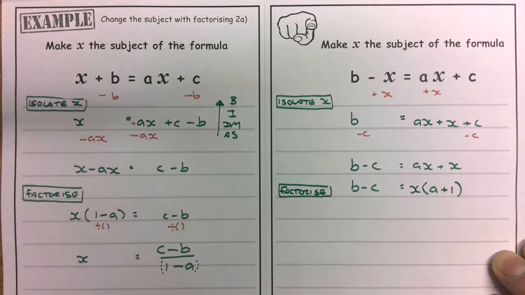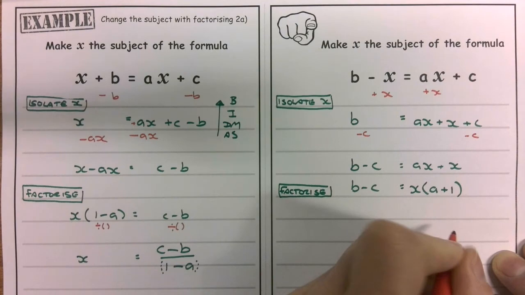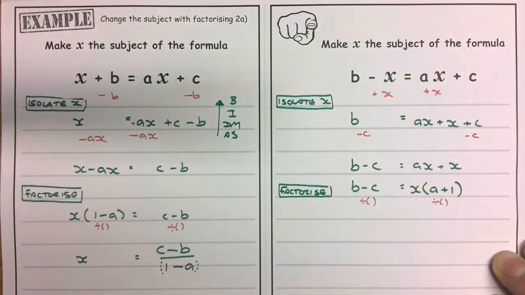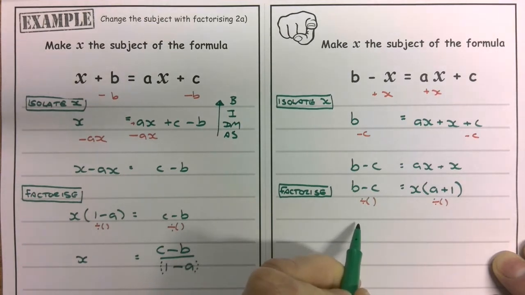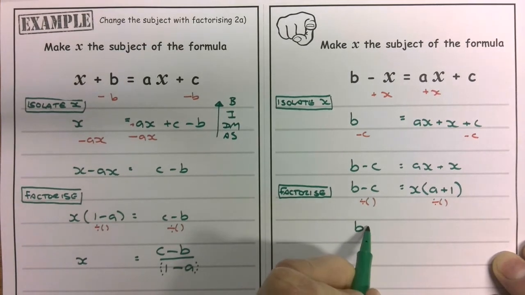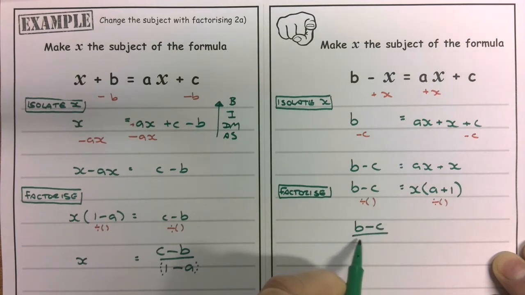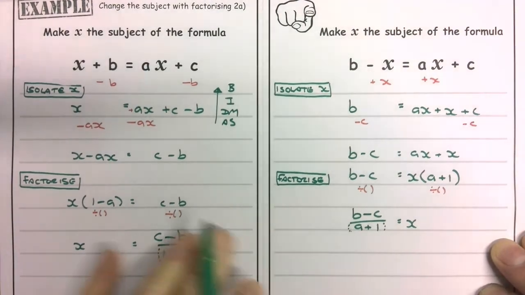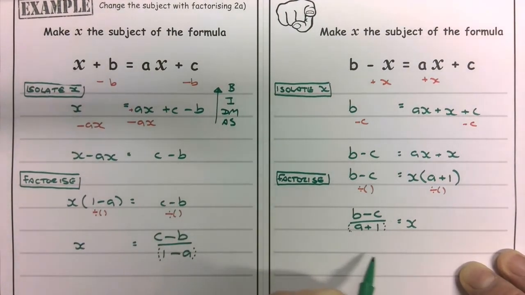And then, like before, we'll divide through by the bracket, which is going to give us b minus c over a plus 1. Of course we don't really need the bracket once we get on that side. There's our x, and we give it a bit of a switcheroony, because I usually like to have the subject on the left hand side.